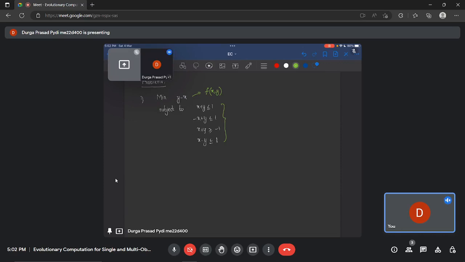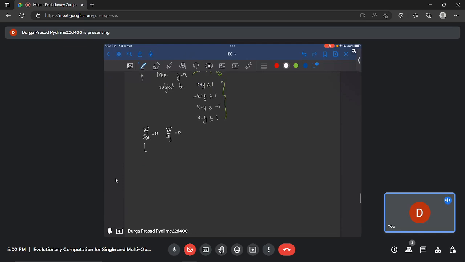If it had been the original problem of just f of x, y without any constraints, we would have approached it using the normal method: del f by del x equal to 0 and del f by del y equal to 0.